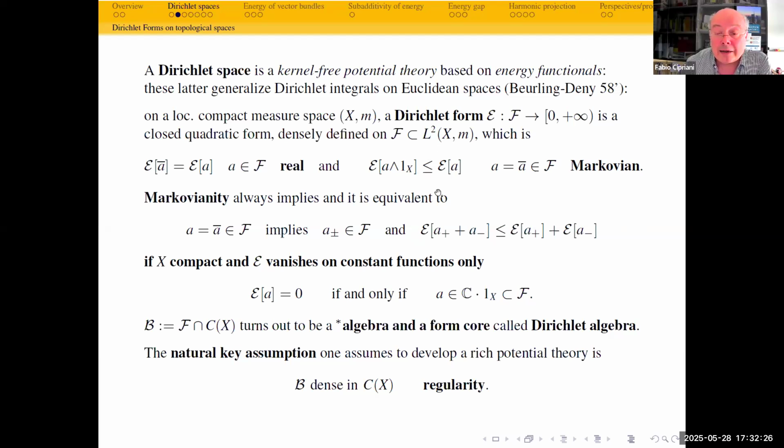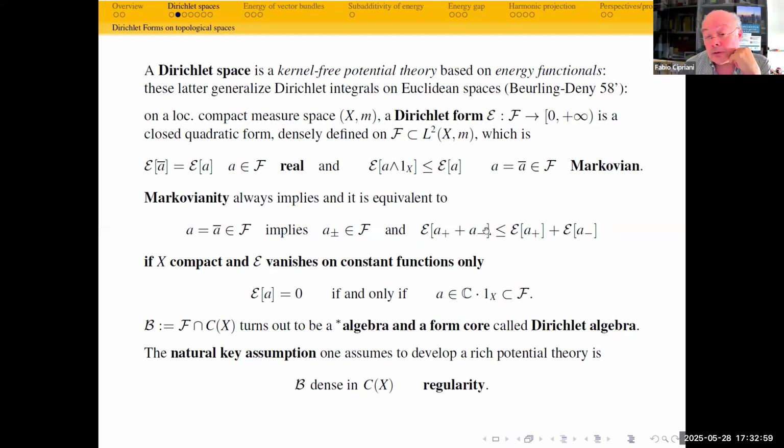The Markovian property is this one, it always implies this other property here. In case the space is compact, so constant functions are in L2, and the quadratic form vanishes only on the constant functions, then the Markovianity is equivalent to this second inequality.